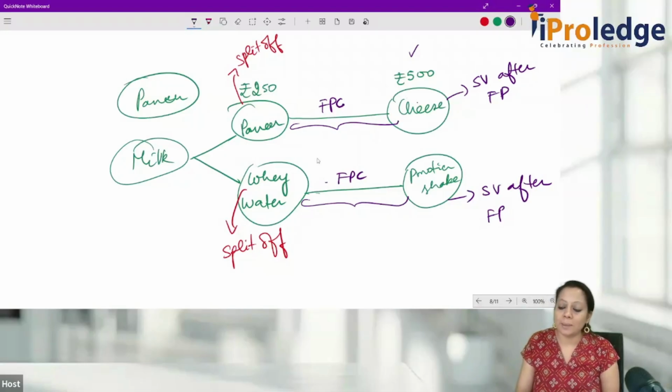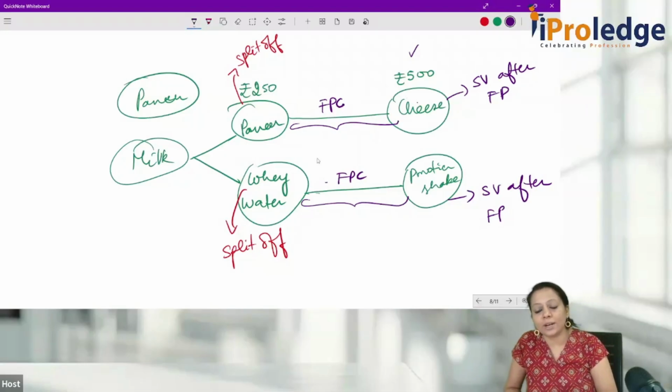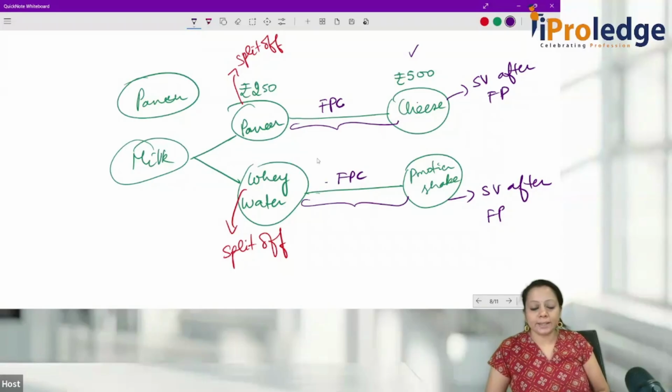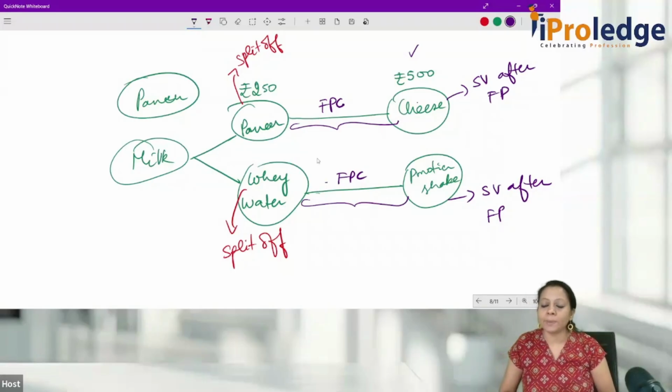So, I hope this gives a basic idea of what joint product and by-product are. We'll do one or two past exam questions because most of you found joint product to be extremely simple. One more thing: how joint cost apportionment works. Milk is getting jointly converted into paneer and whey water.